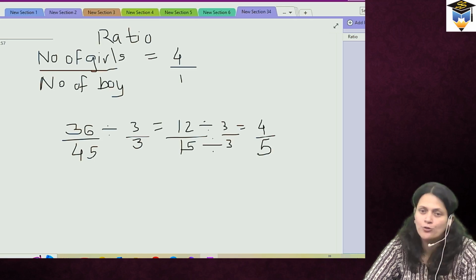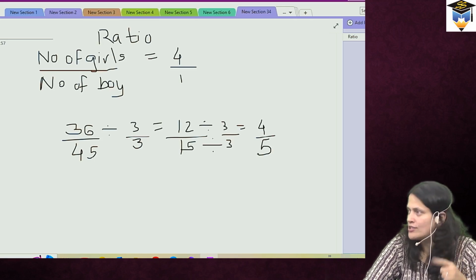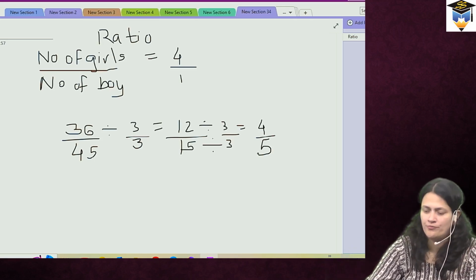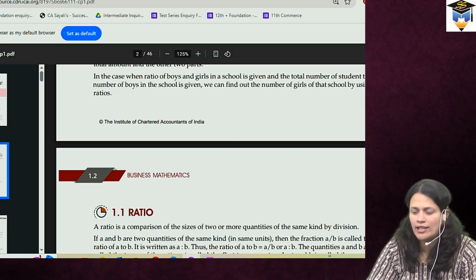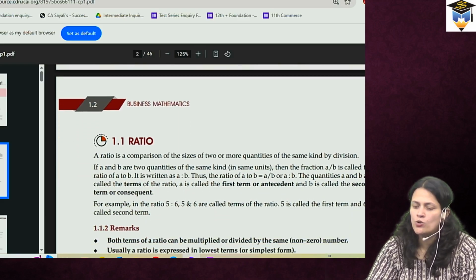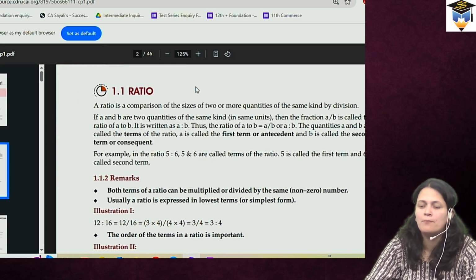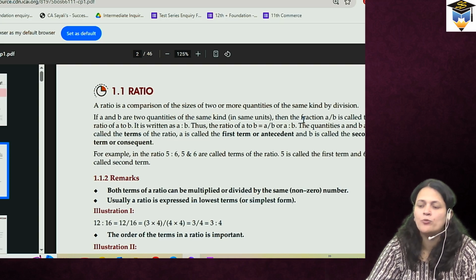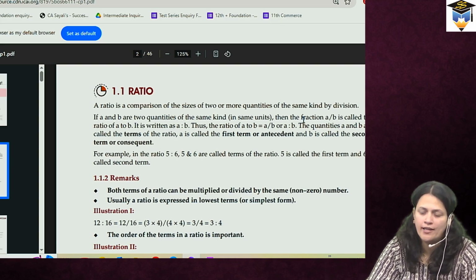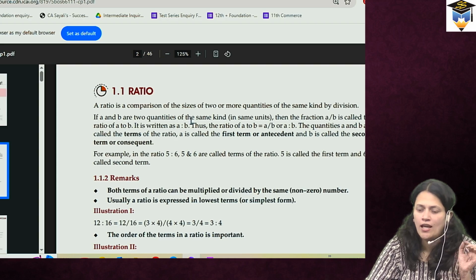So can you just write down a few things which I dictate? First, write down what is a ratio. As you can see over here, in our textbook also, chapter 1 is ratio and proportion. So a ratio is said to be a comparison of sizes of 2 or more quantities of the same kind by division. So we say A and B are 2 quantities of the same kind.